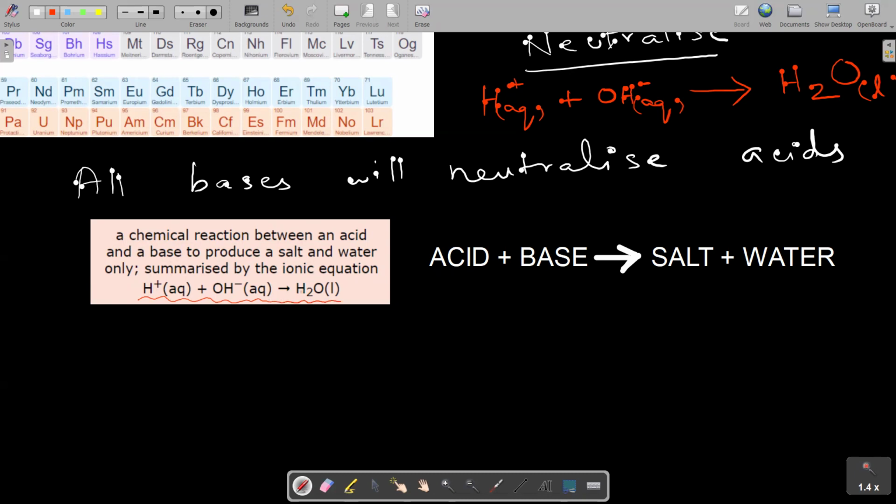This is a neutralization reaction. It is summarized by this ionic equation, and the general equation is this. Acid and base will give you salt and water. So this is something which you have to learn.